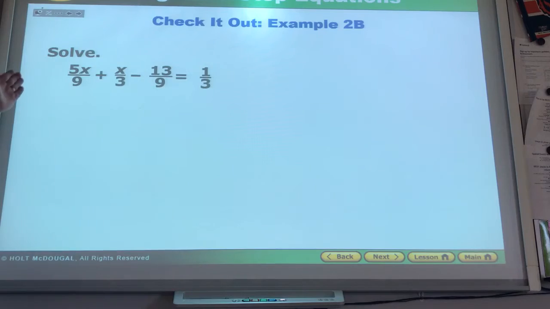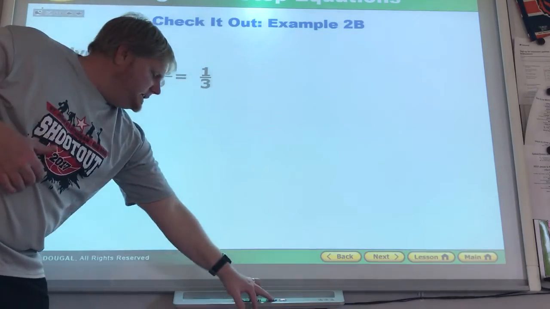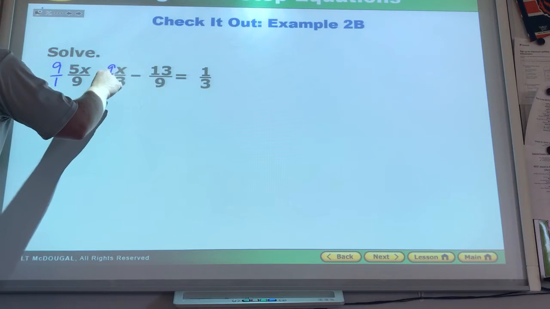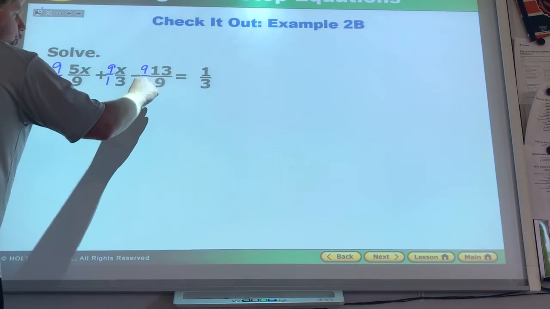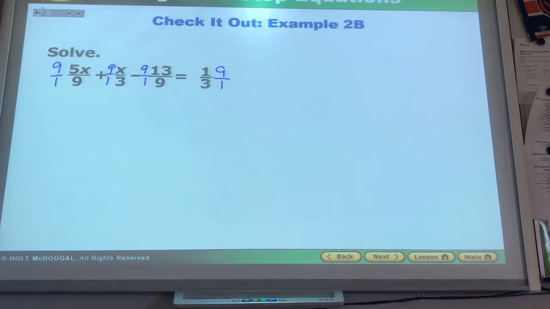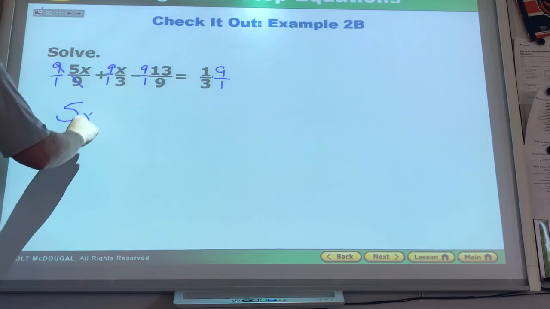All right, we look at this one. What's the least common multiple? Hopefully the least common multiple for the bottom you see is 9. So if you take every problem times 9, you're going to get rid of all that. Now we're multiplying. Oh, so these simplify. That's 5x.